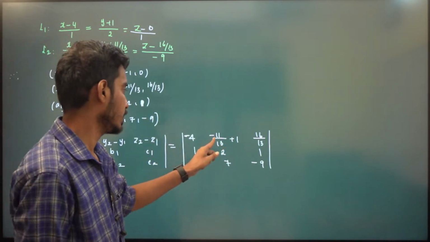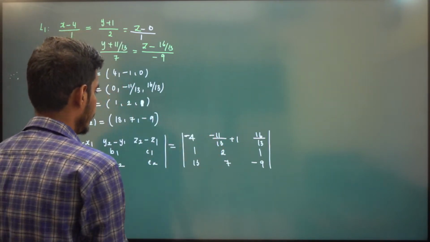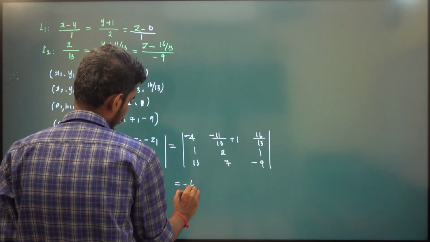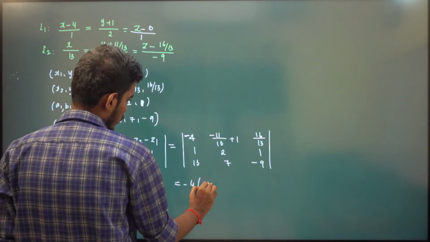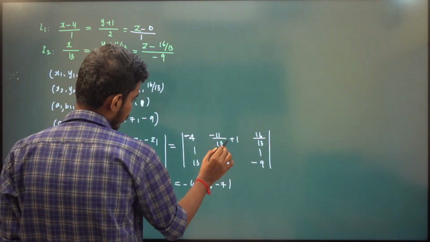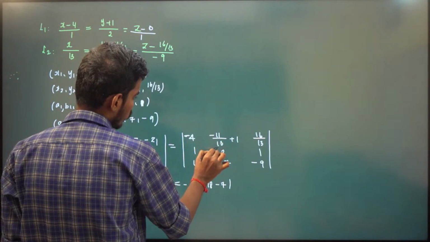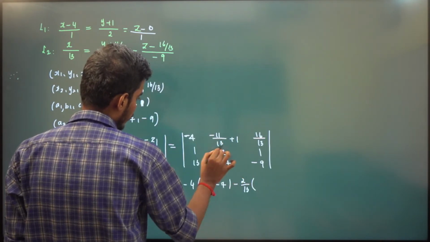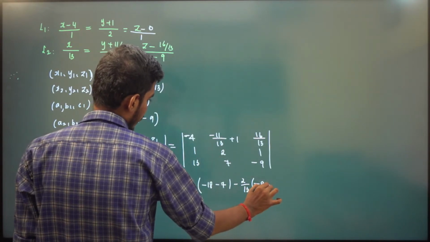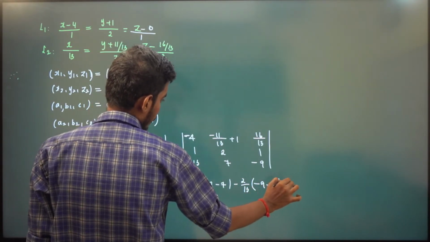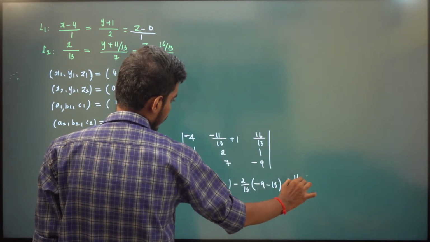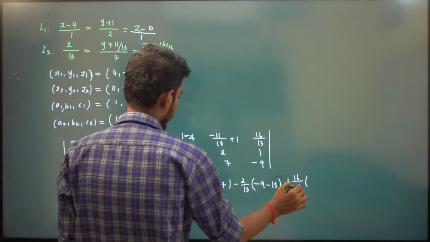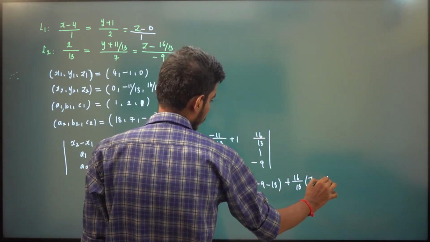So 13 minus 11 is 2, so this will be 2 by 13. So minus 4 into minus 18 minus 7. Then we'll have minus 2 by 13 into minus 9 minus 13 plus 16 by 13 into 7 minus 26.